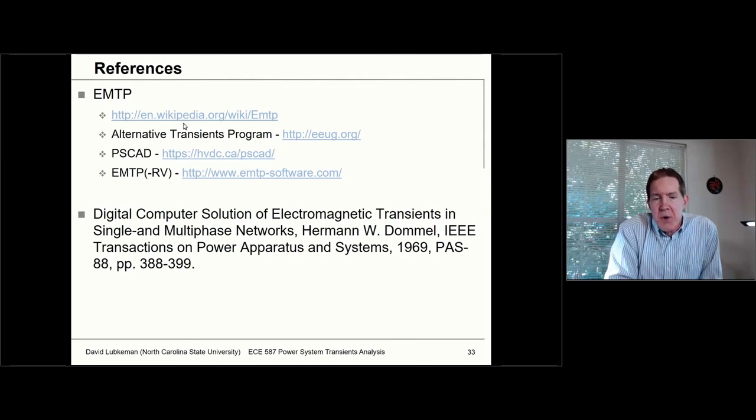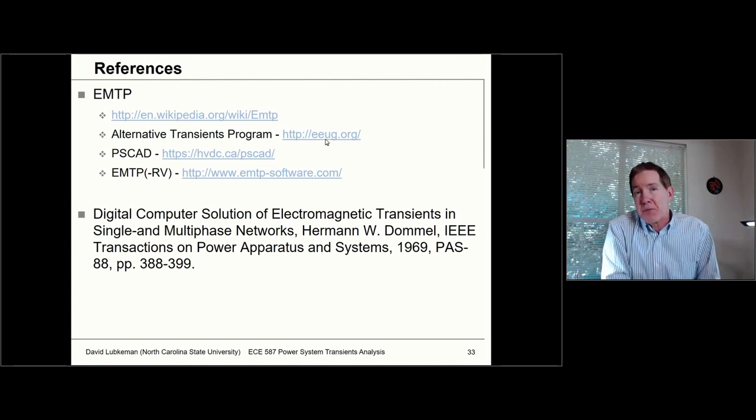So as far as references, for EMTP, there's actually a wiki site for EMTP that has a little bit of information. They still offer an open source version of EMTP, and this is done through the Alternative Transients Program group. It's a little bit more of a European organization, but there's a website where you still have people adding to the model and still using it.